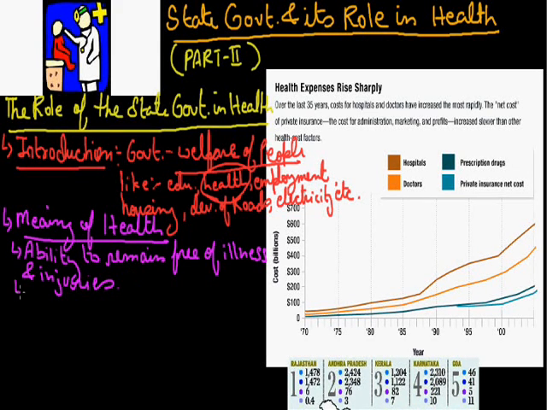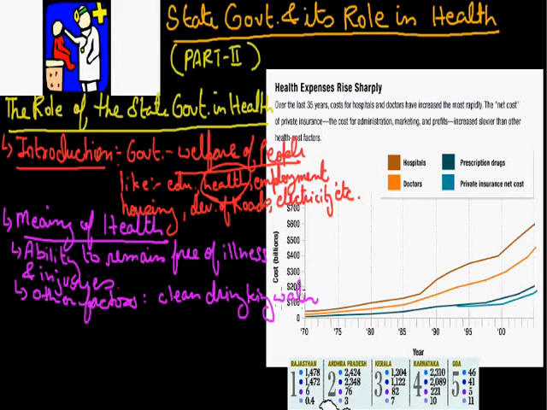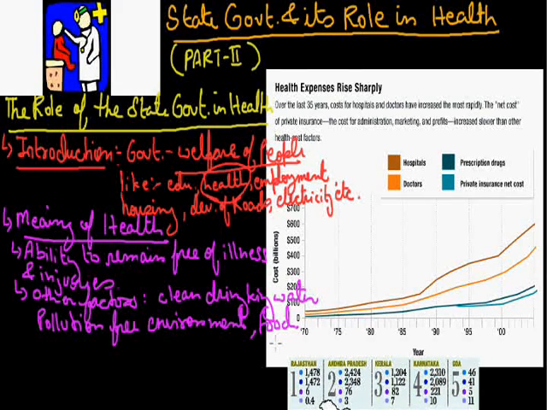It covers many other factors which affect health, like clean drinking water, providing a pollution free environment, and also providing adequate food to each and everyone. Adequate food means food full of nutrition. All these things also come under health.